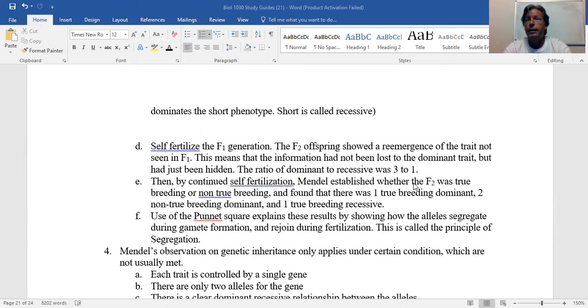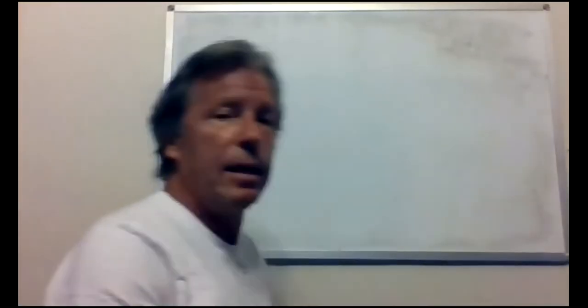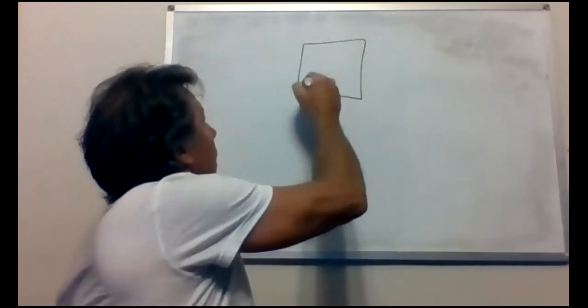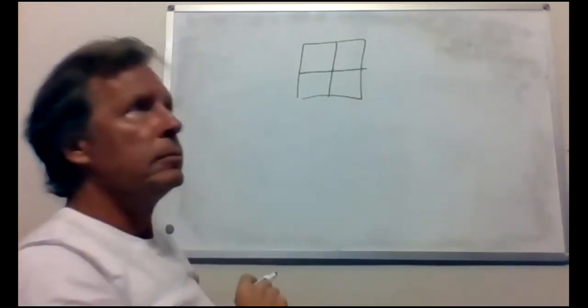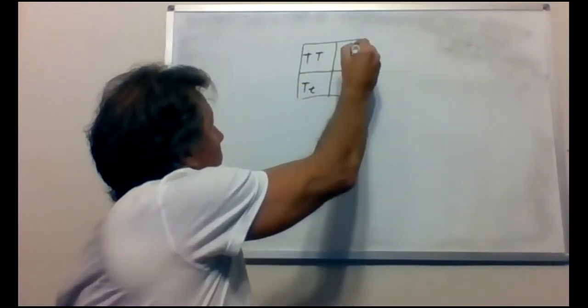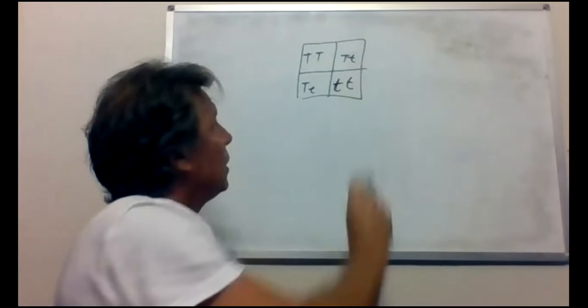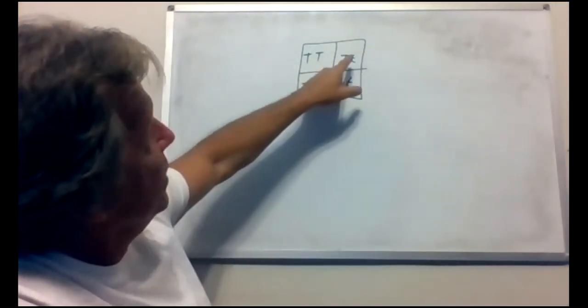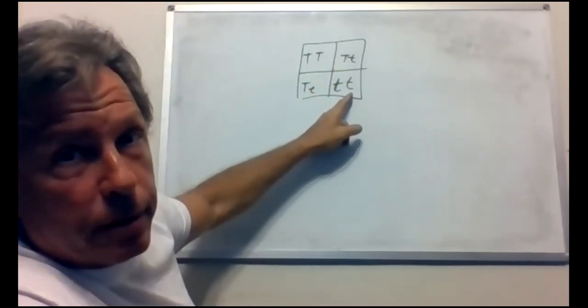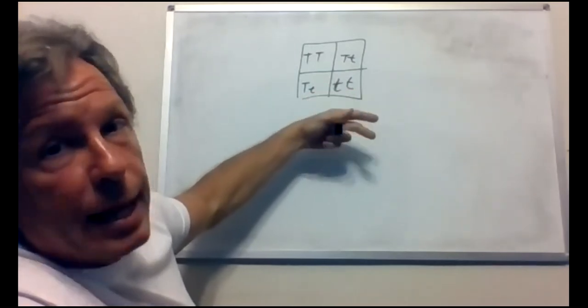And then he went ahead and he continued self-fertilizing those. Now let's see what happens when we do that. Sorry, we got off. If I take the F1 generation, which gives the F2 generation, which was 3 dominant and 1 recessive phenotype, what happens when I self-fertilize these?